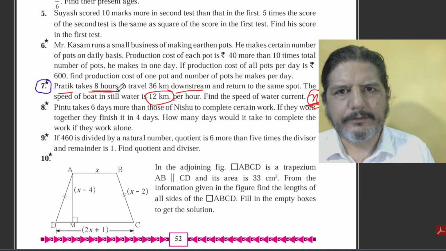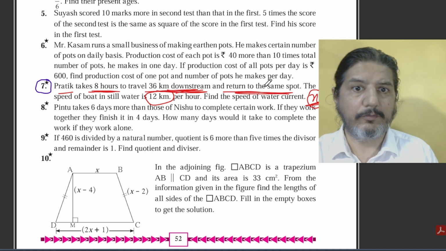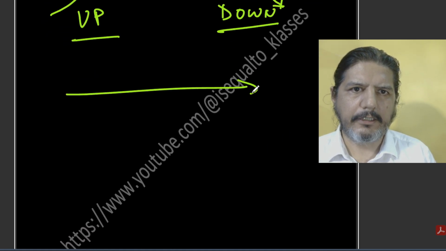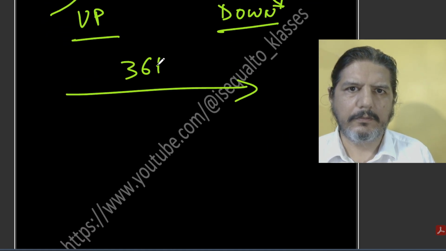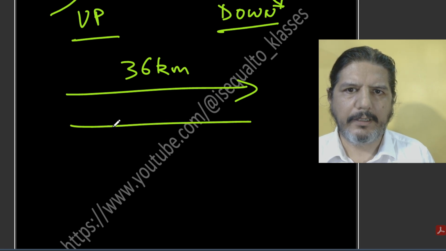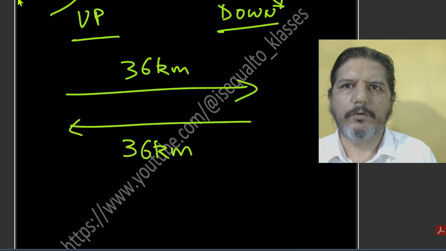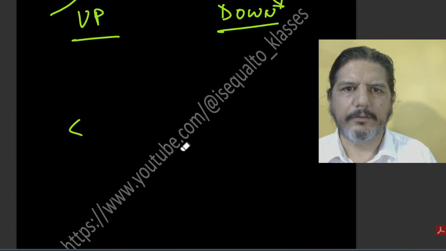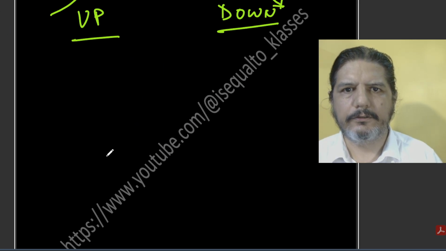He takes 8 hours to travel 36 kilometers downstream and return to the same spot. So basically what he does is, he goes 36 kilometers this side. He comes back. So in our representation, we can show it like this.